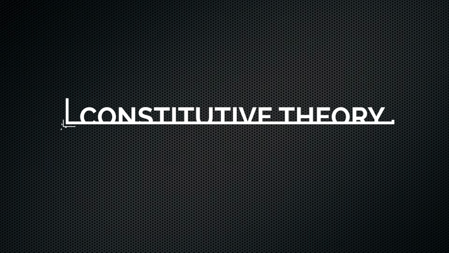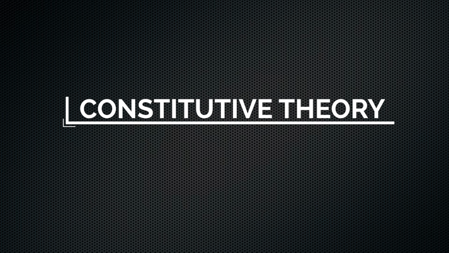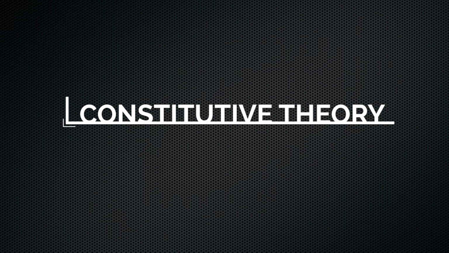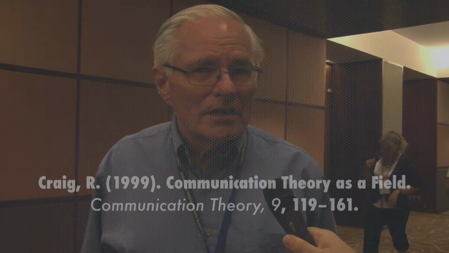The third model we'll look at is the Constitutive Model, or the constitutive theory of communication. In 1999, Robert Craig wrote an article in the journal Communication Theory, where he explained that communication is constitutive. In other words, communication creates. It produces our social world. Robert Craig sees communication as the driving force in our lives and our relationships.